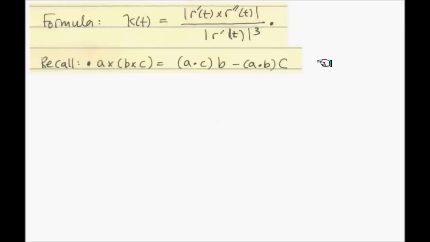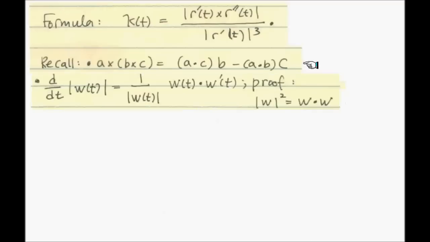I made another video about this property, and in there I explained why the A dot C and A dot B kick in. It basically comes from how the scalar projection or vector projection onto other vectors works. So that was one fact that I'd like to use here.